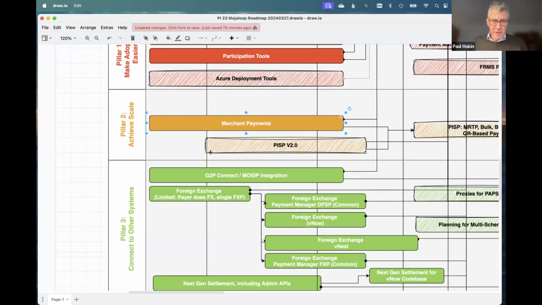In particular, the work that Paul Baker and his team have done on PISP version 2.0 enables us to take merchant payments to version 2.